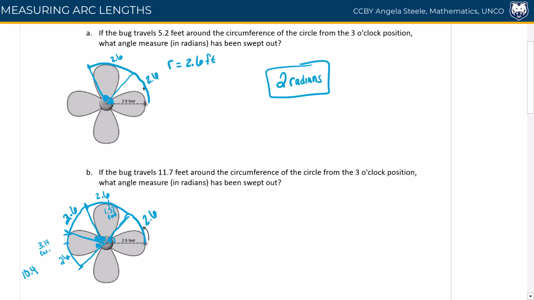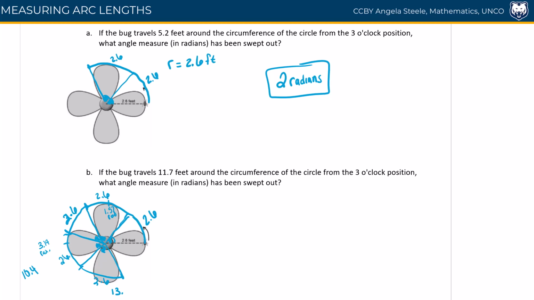If we go 5 radians, that brings us to about right there, for a total of 13 units. And so notice that we overshot our distance, right? So 4 radians around brought us to 10.4, 5 radians around brought us to 13 feet around the arc.